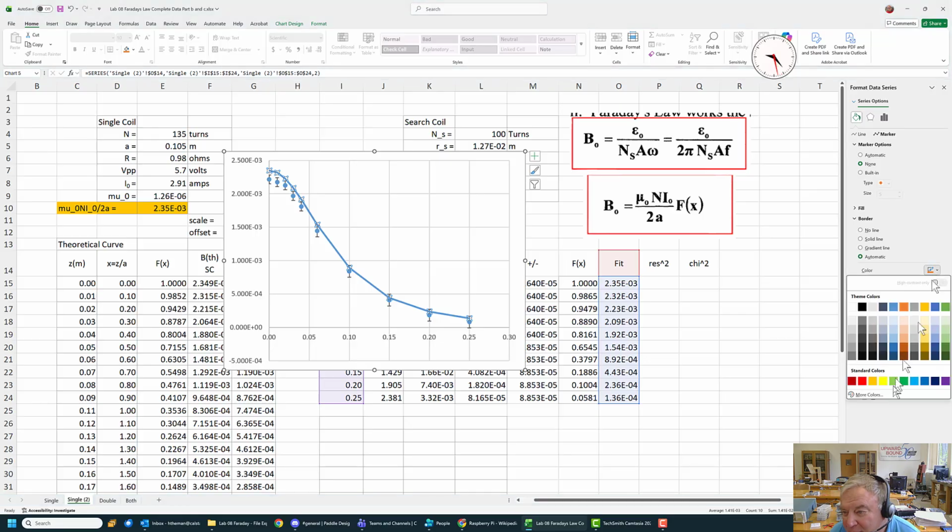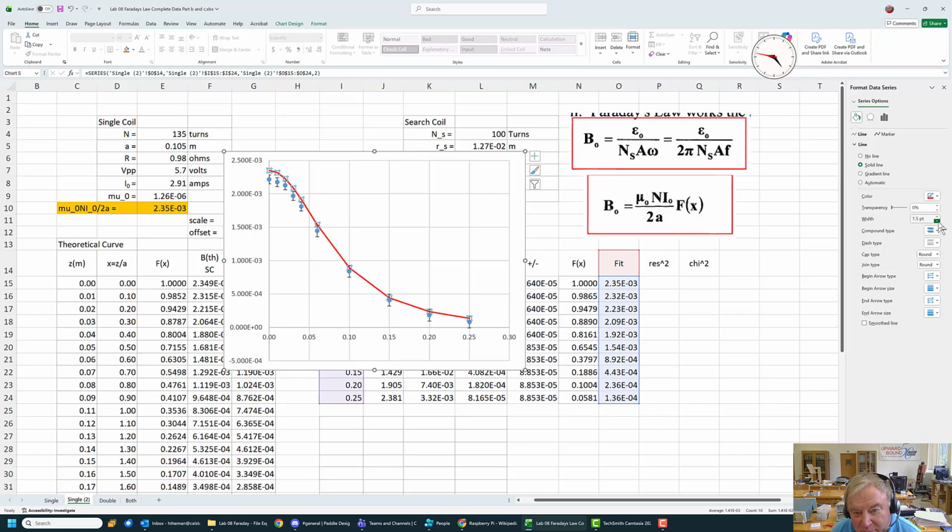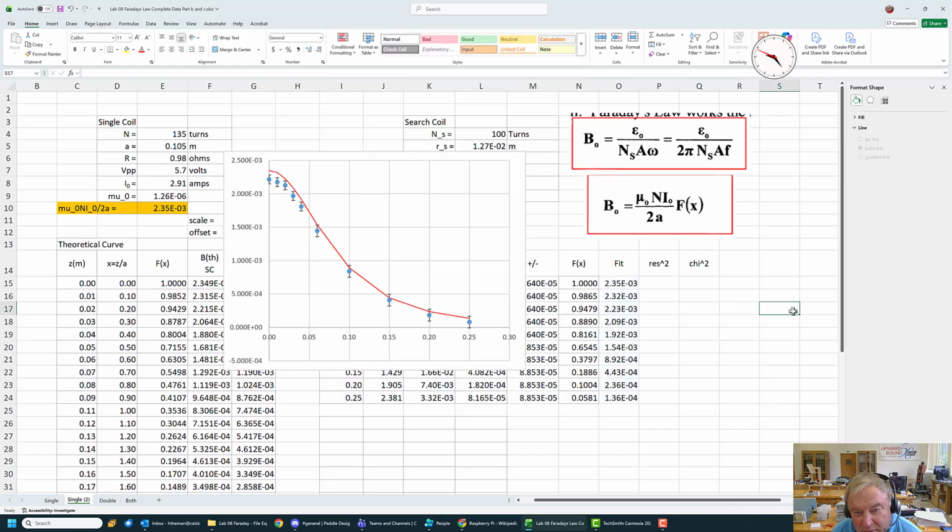I want that to be, I like red. Oh, what happened? What's going on? Oh, we're still under the marker button. Okay, line, and I want to make it smaller.